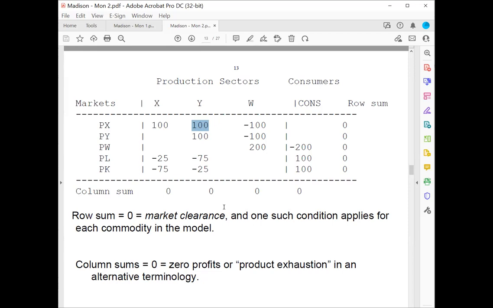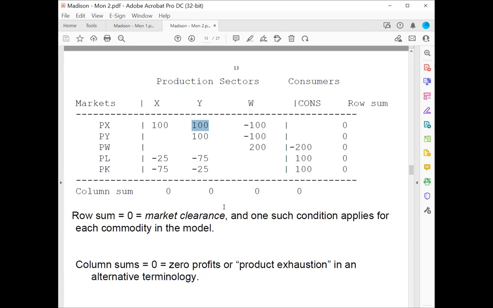Okay, so what is microconsistency in this case? Microconsistency is the condition that row and column sums are 0. So what is a column sum? Well, a column sum is this zero profit or profit exhaustion idea that anything received in value has to go somewhere. So in this case, there's no profit income that goes to an agent.